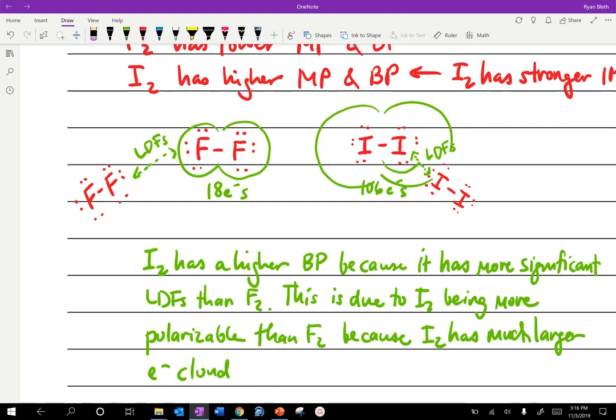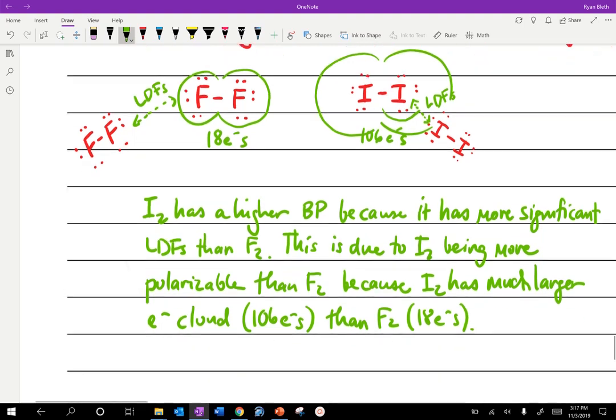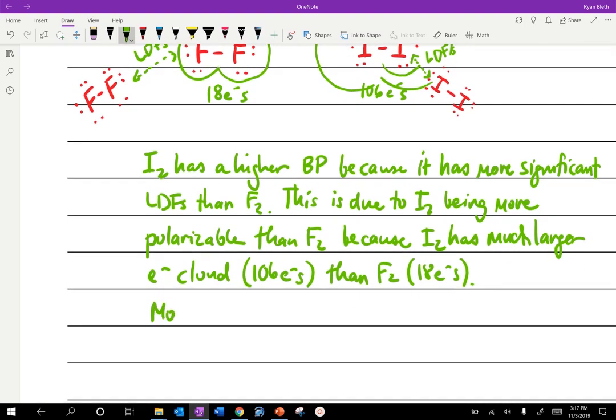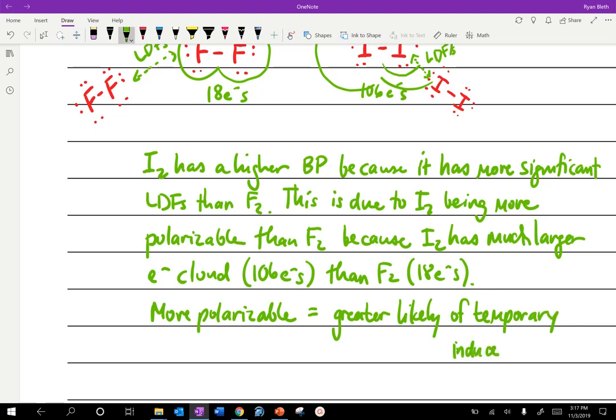Maybe we should throw some numbers in there. 106 compared to fluorine with just 18. Okay. More polarizable, just to connect that dot completely, more polarizable equals a greater likelihood of temporary dipoles, or you might see them referred to as induced dipoles.